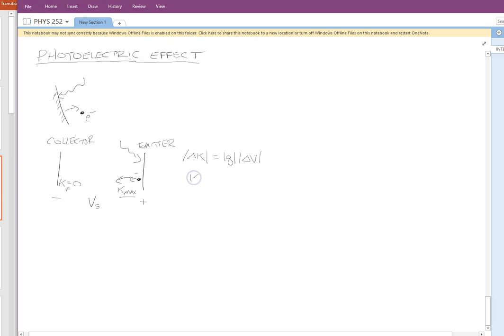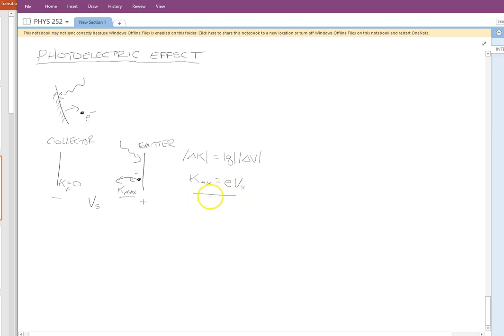So the change in the kinetic energy is just going to equal K max, the absolute value of the change. And the fundamental charge, that's just e, because the absolute value of the charge of the electron is the fundamental charge, 1.6 times 10 to the minus 19 coulombs. And our shorthand for the absolute value of the voltage difference is just this stopping potential or stopping voltage. So the maximum kinetic energy is directly proportional to the stopping potential through the fundamental charge.